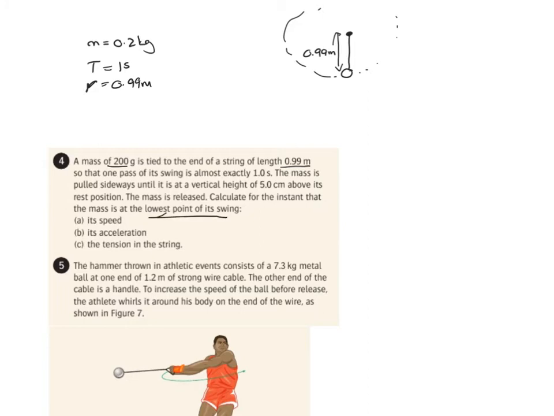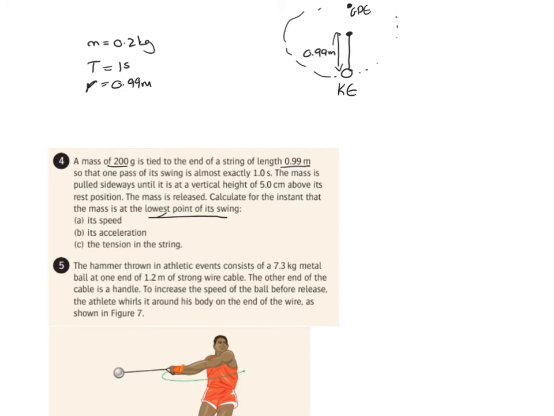So when it's at its lowest point of the swing, it's got the highest kinetic energy, and at the highest point of its swing, it's got the most gravitational potential energy.